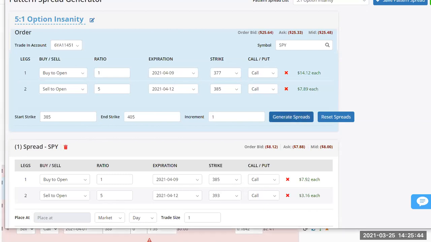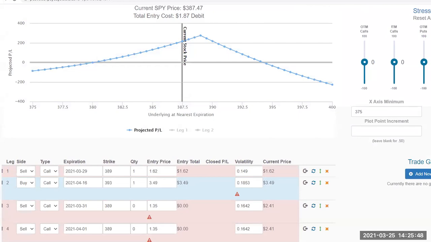Let's see here. I'm going to place a trade. I'm going to put on an out of the money diagonal. Actually, you know what? I'm going to do a tomorrow trade.